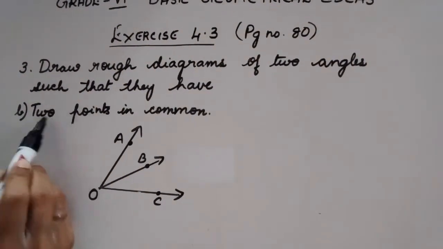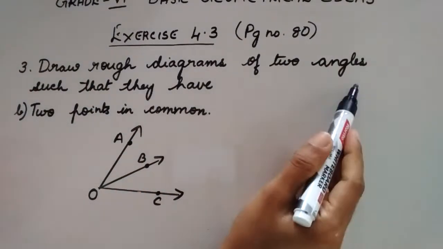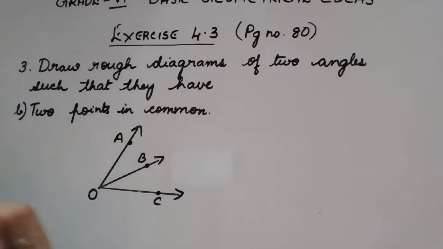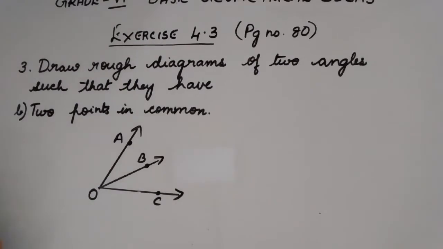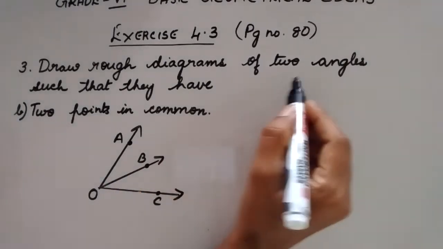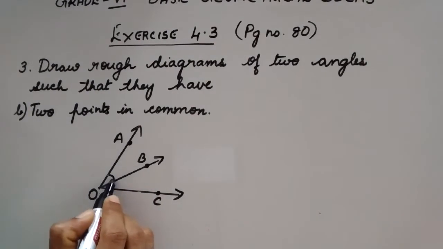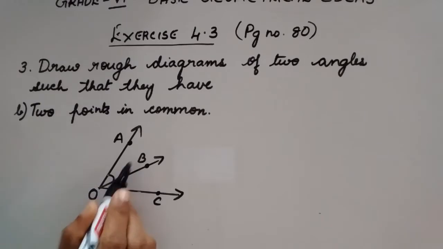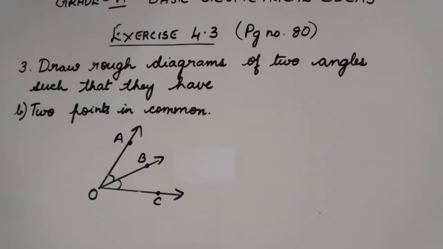B, two points in common. So draw a rough diagram of two angles such that it has 2 points in common. Now look at this figure. This is a rough diagram where there are two angles, that is angle AOB and then angle COB, such that they have 2 points in common.